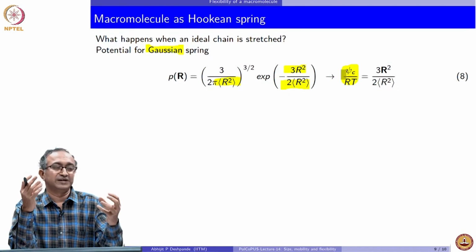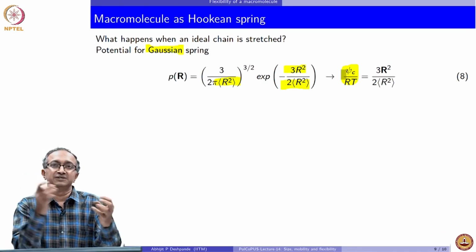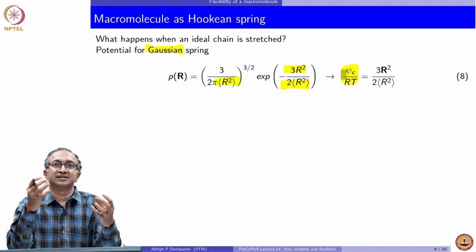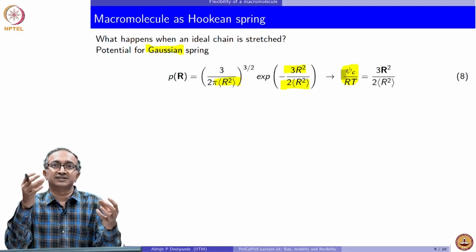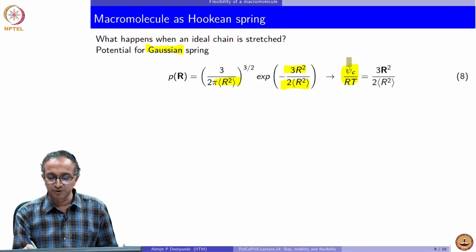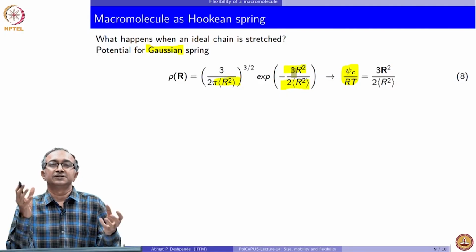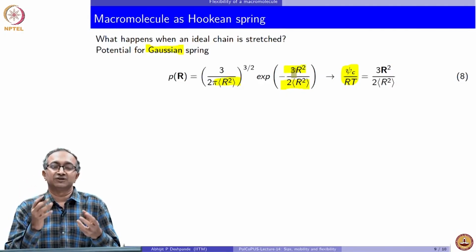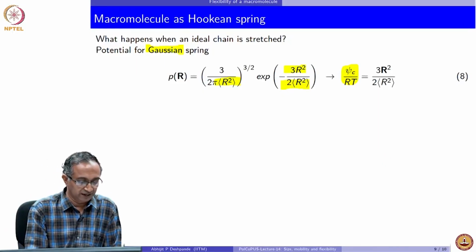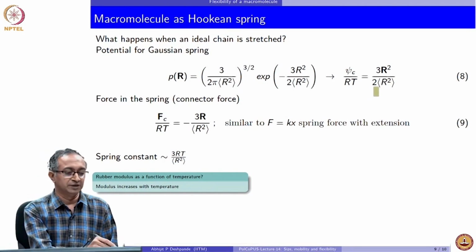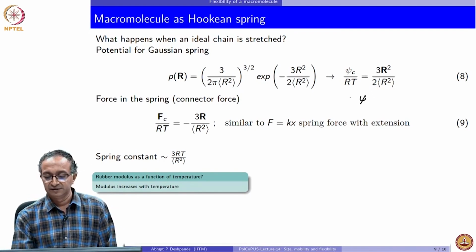We already talked about how we can think of a polymer chain as two beads connected by a spring. The spring is basically feeling some interaction, and the more the interaction, the length will be different. So this potential energy of interaction describes the distance between the two ends of the macromolecule. And of course, when we have a potential, its derivative with respect to position gives us the force.